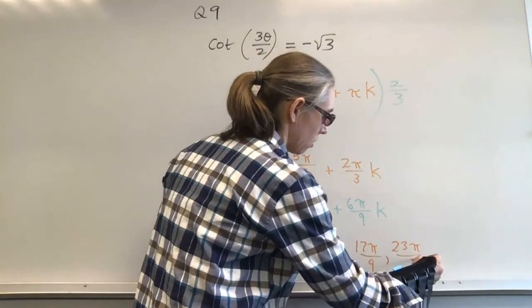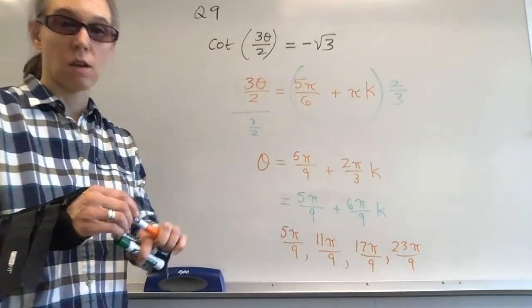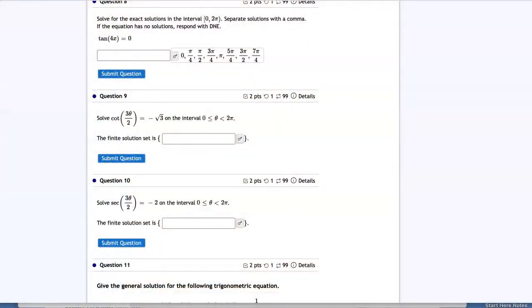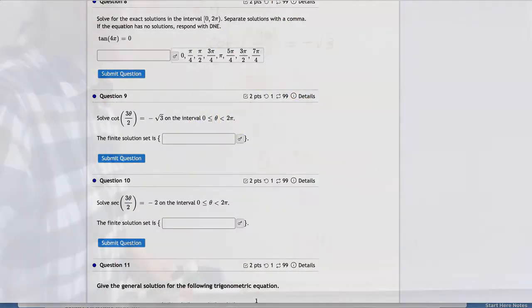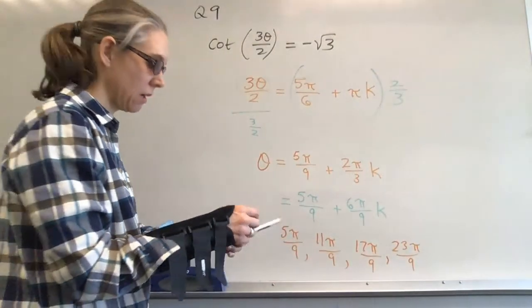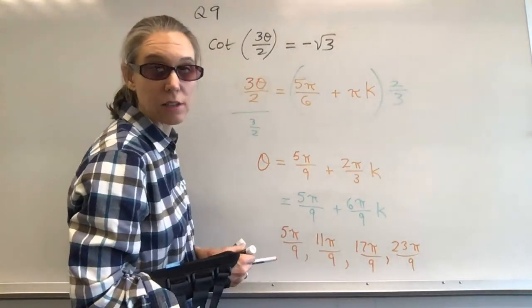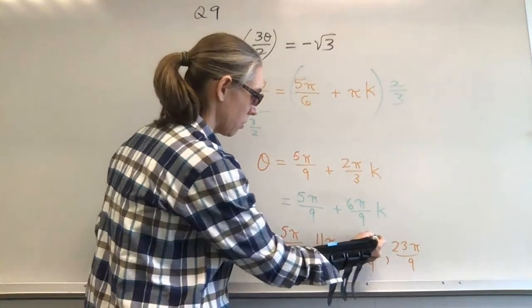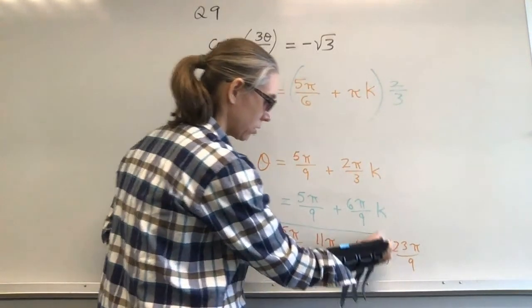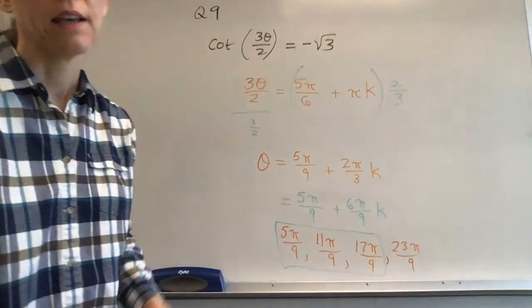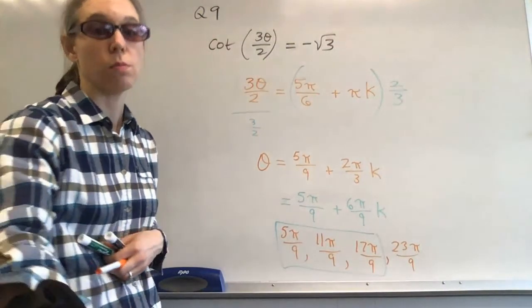How far do I need to go? Well, let's look at the directions. The directions say that I need to go all the way up to 2 pi. Well, 2 pi is going to be 18 pi over 9, right? 18 over 9 is 2, so we would only want to keep these first 3. By the time you get to 23 pi over 9, you've gone past 2 pi.